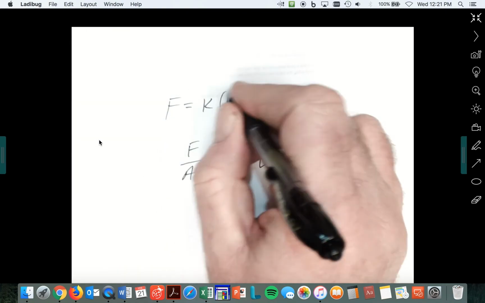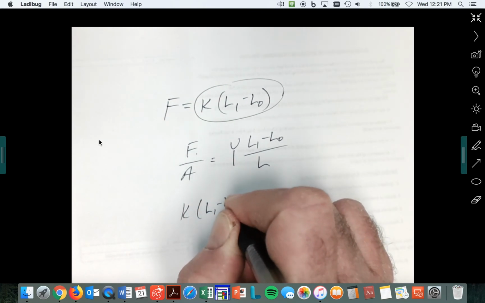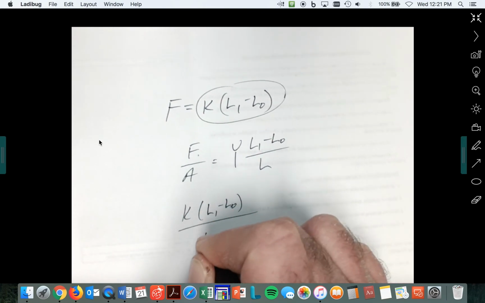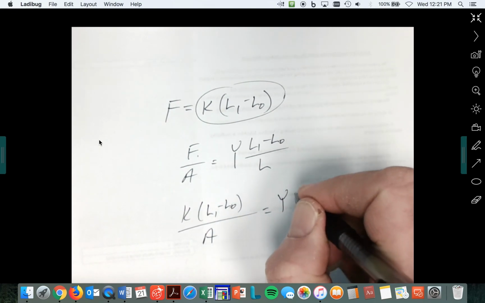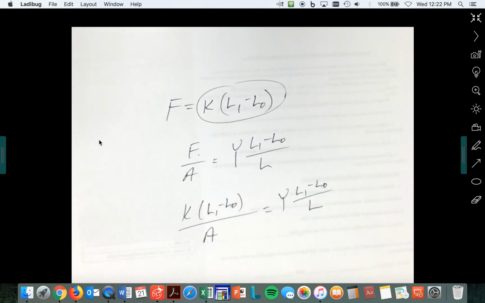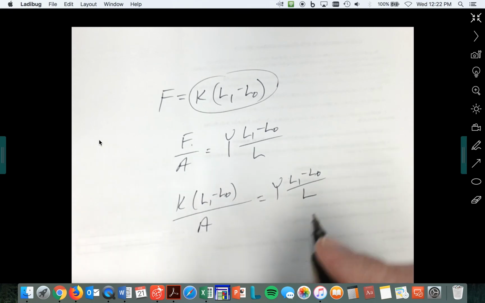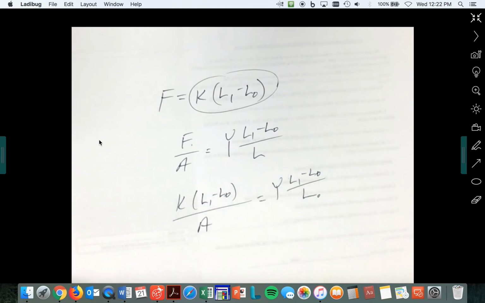So I'll just take this F, stick it in here. I get k times L1 minus L naught over A is equal to Y times L1 minus L naught over L naught.